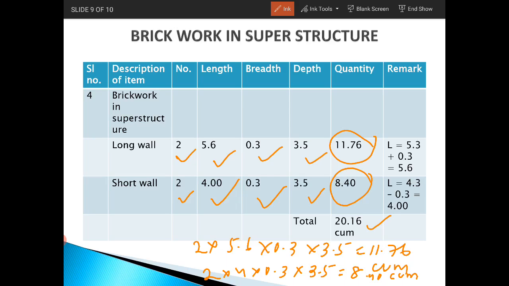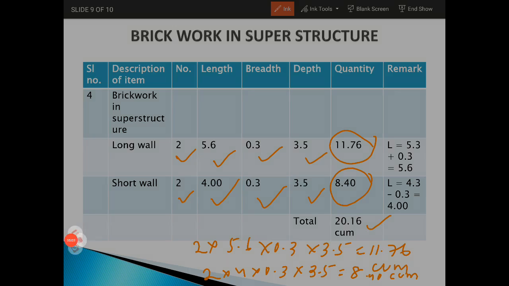That principle we studied when we studied the long wall and short wall method. So this is all about the estimate of the single room building having the 4 items. Okay, thank you.